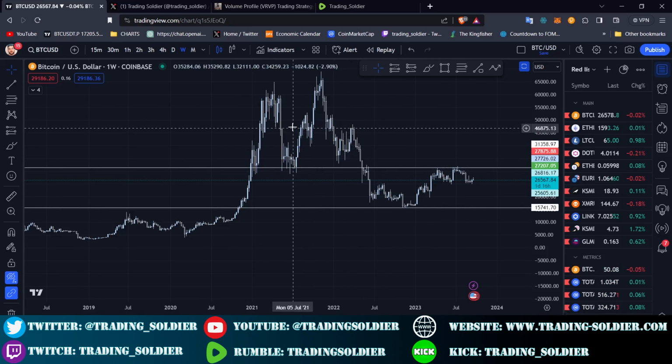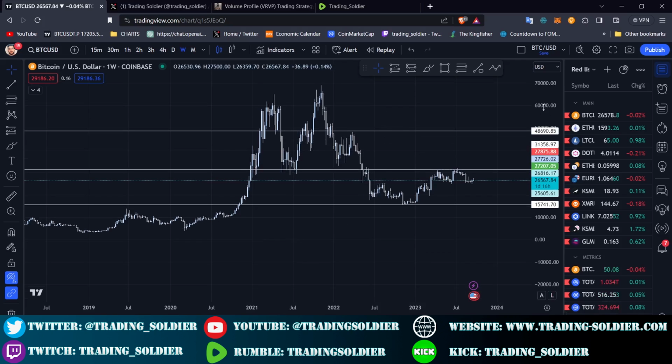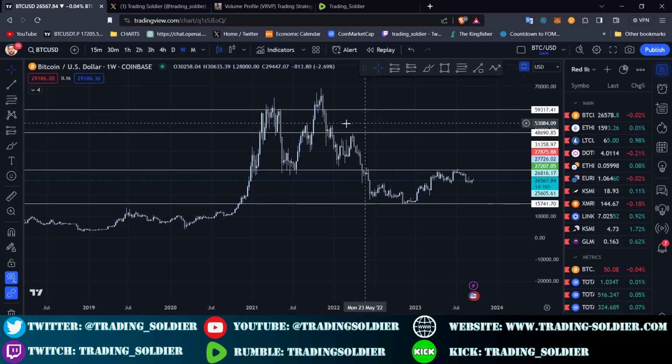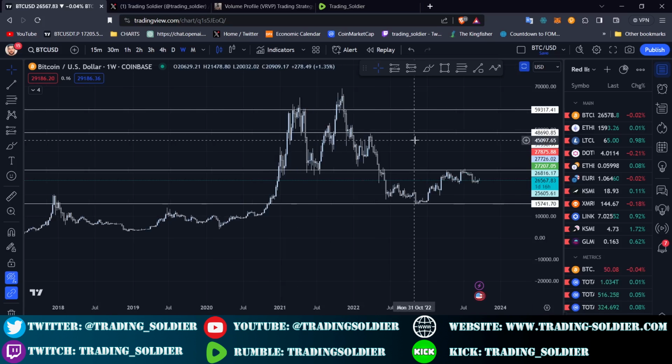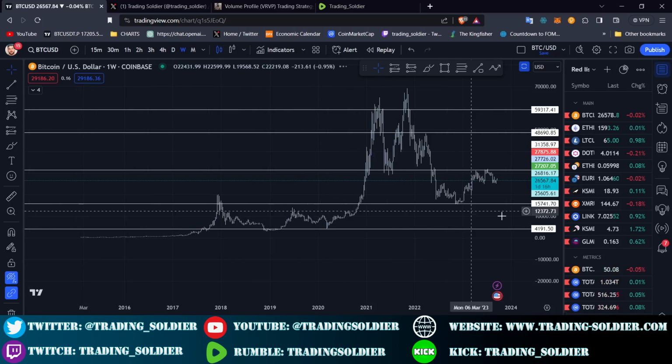Again, for example here other rejections, we can mark this level. Also here this level. Multiple weak rejections in the weekly time frame. Also here we can make another support and resistance area.